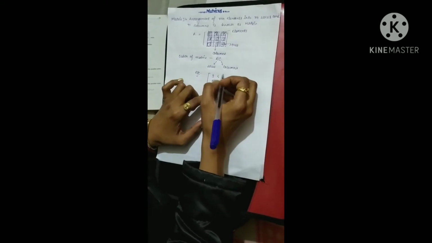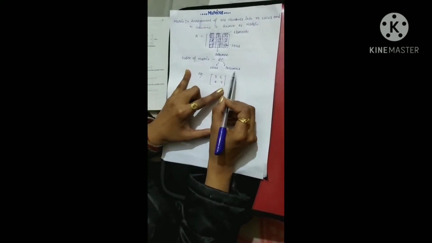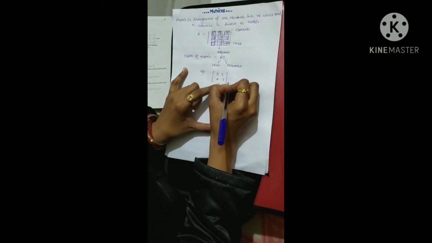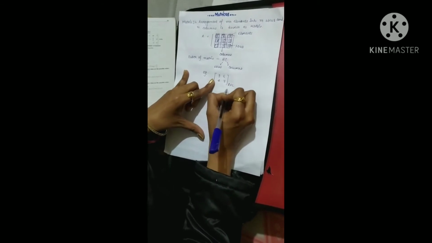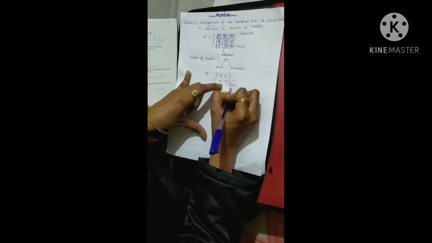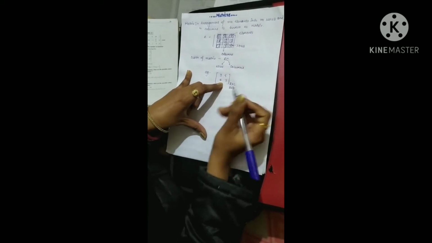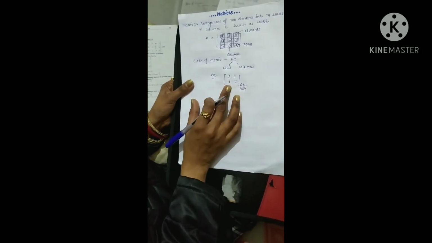Simply you can say number of rows multiplied by number of columns. Simply you can write in the form of R cross C. What are the number of rows? 2. And what are the columns? 2. So 2 cross 2. This is simply the order of the matrix.